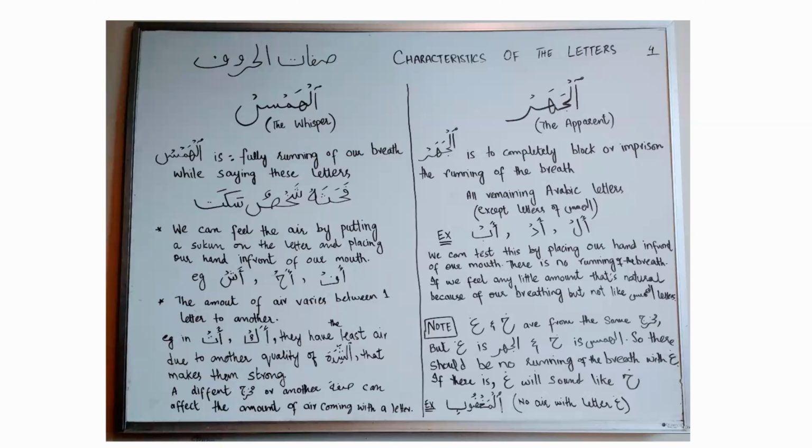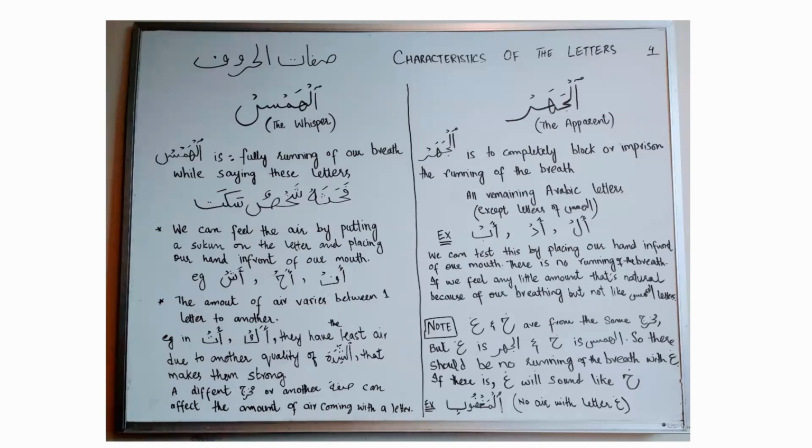This is because there is another permanent characteristic of letter kaf and ta, called shidda. Due to the sifa of shidda, they have the least air coming with them. So the timing of the running of the breath for these two letters is different from the rest. That means the amount of air that comes with these letters varies from one letter to another depending on the other characteristics that they carry.